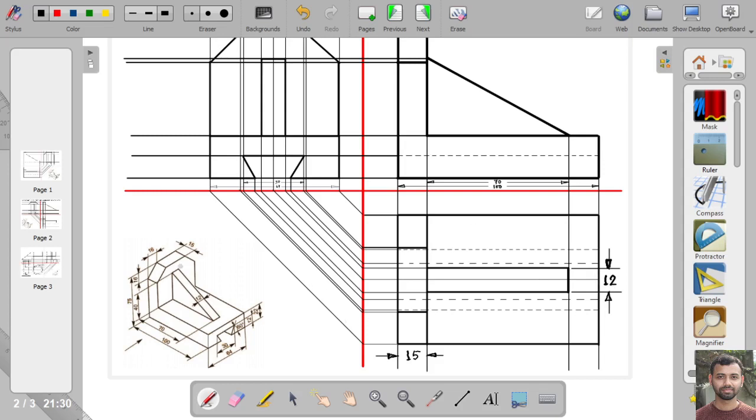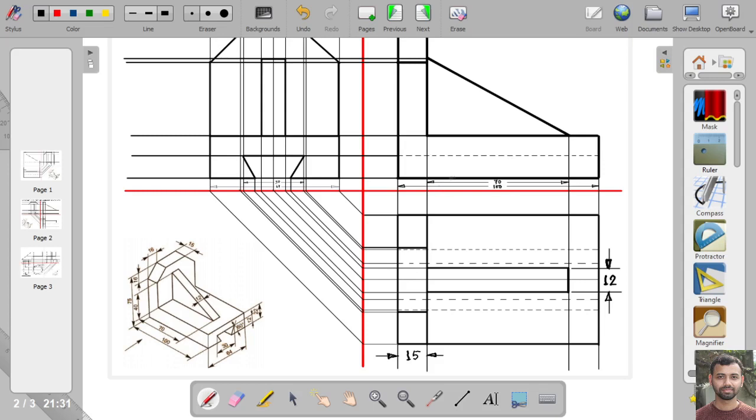Okay, the next part, are there any dimensions left on this top view? Okay, so there are no dimensions left on the top. Actually, the 70 mm dimension, we should show on this top view instead of the front view.